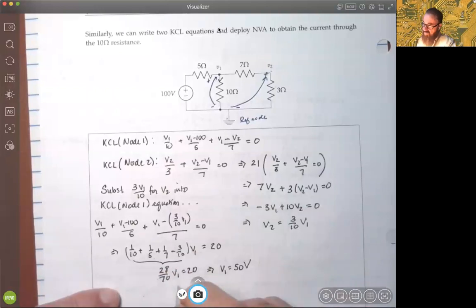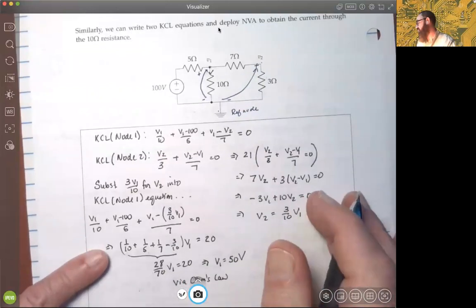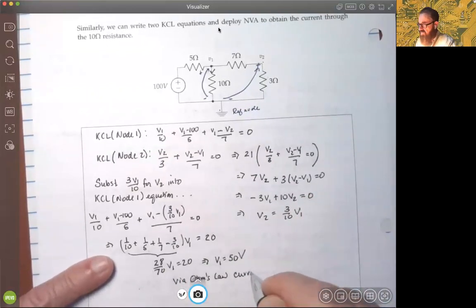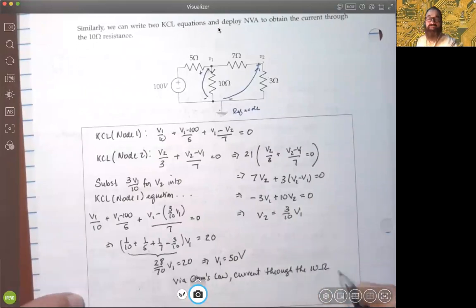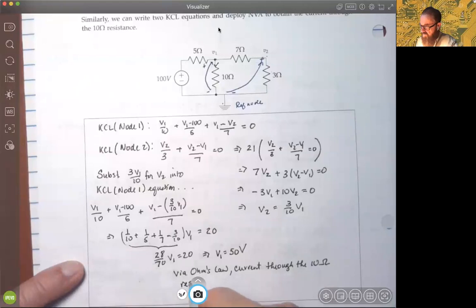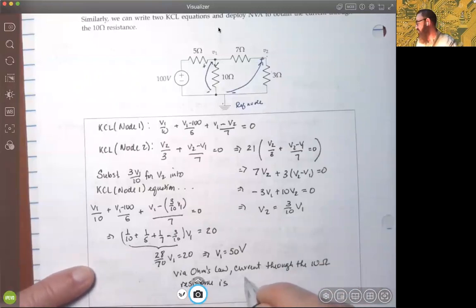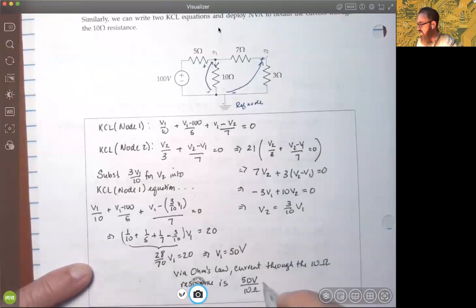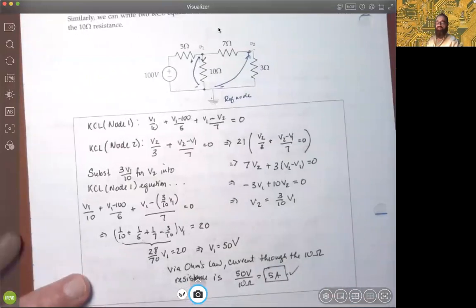Therefore, by Ohm's law, the current through the 10 ohm resistance is I equal to the voltage divided by the resistance, which is 10 ohms, and you get 5 amps. Again, the same answer, we already knew that.